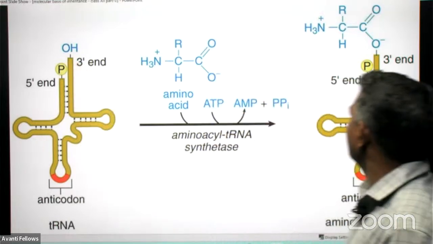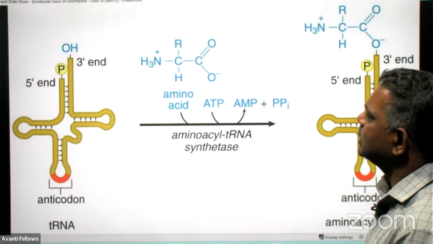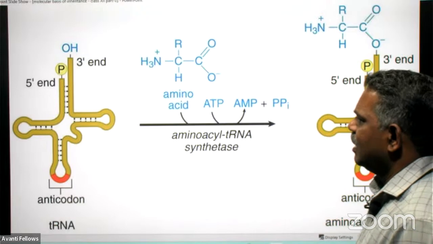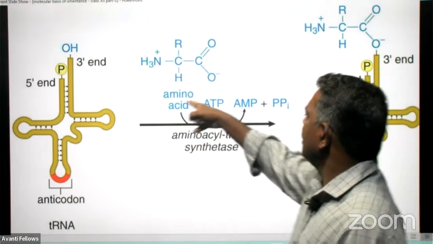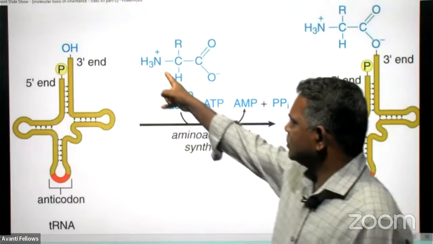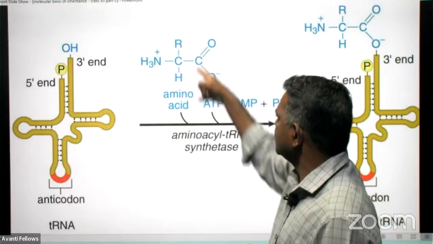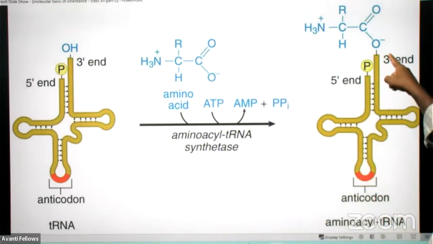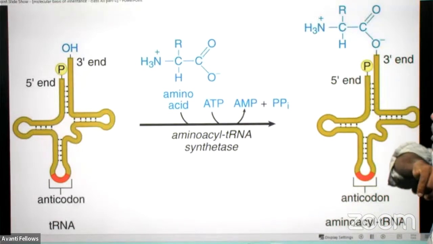The 3' end is called the amino acid binding site, and the tRNA binds with the amino acid. This is the amino acid; this is the amino group, and this is the COOH carboxyl group. And it binds with this carboxyl group only.